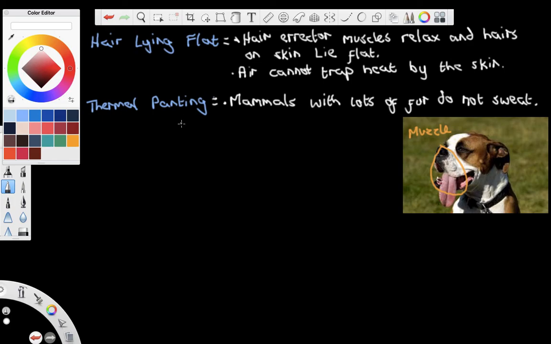So, lots of blood vessels in the muzzle.